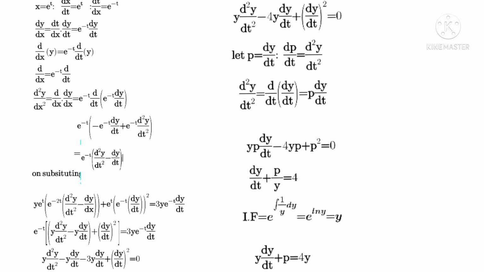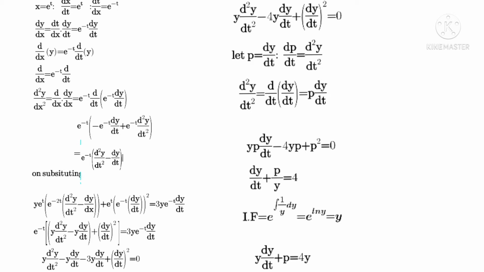So when we multiply, we bring out e raised to power minus t and we use the product rule on e raised to power minus t dy/dt, then we arrive at our final answer to be that. So we have e raised to power minus t, d squared y/dt squared minus dy/dt. Now when we substitute, we have it to be the expression below.